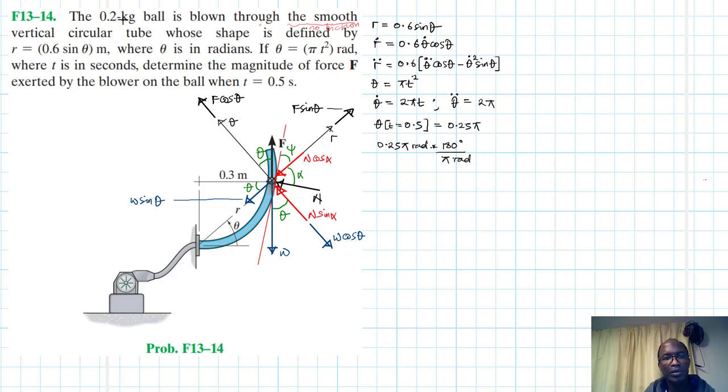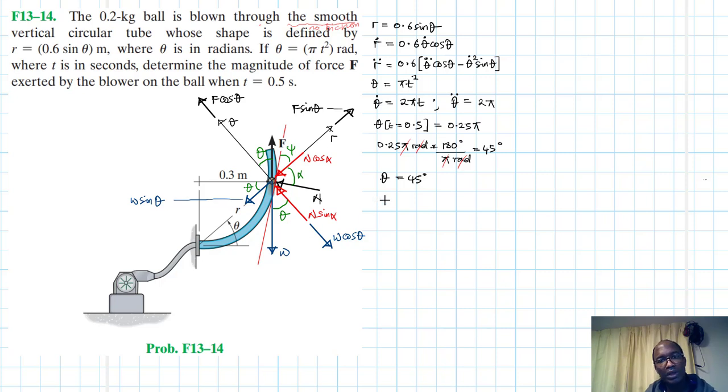The pi cancels, and 0.25, which is a quarter of 180, gives us 45 degrees. Therefore theta is equal to 45 degrees. Again, you can work with radians or degrees, it's really up to you.